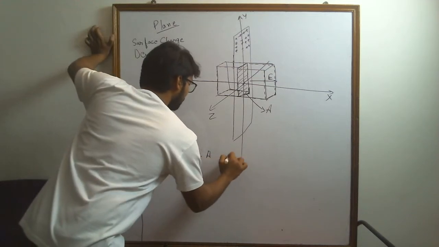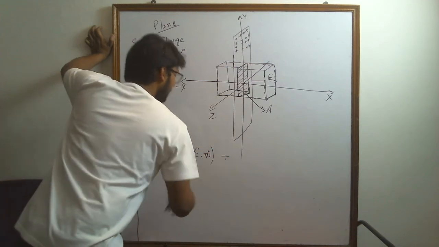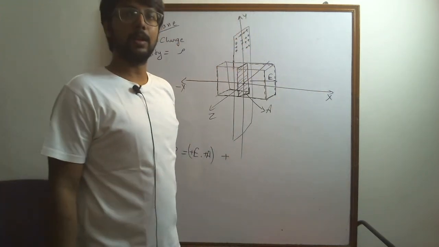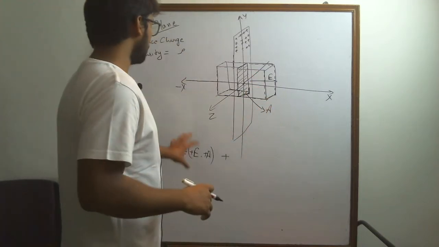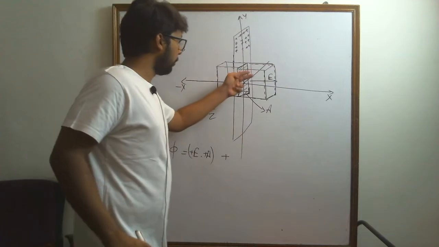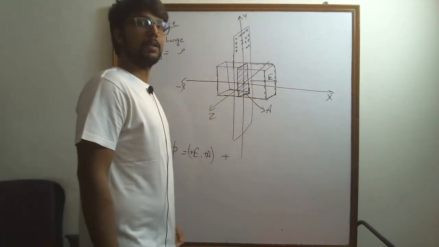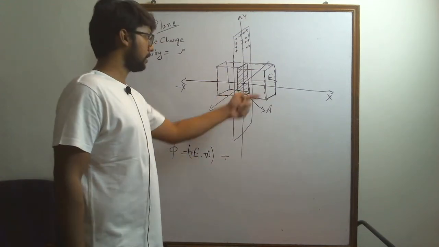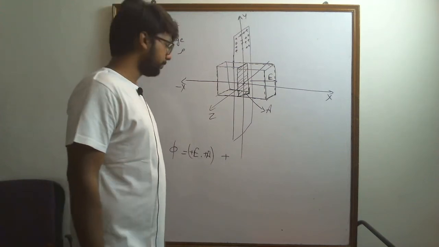So this is the positive side. Why am I taking this as positive? Because by convention we usually take the x-axis as the positive side, but here also we can choose. So in this case I've taken the positive x-axis as the positive side. Therefore the electric field is also positive on this side, and the area is also positive.